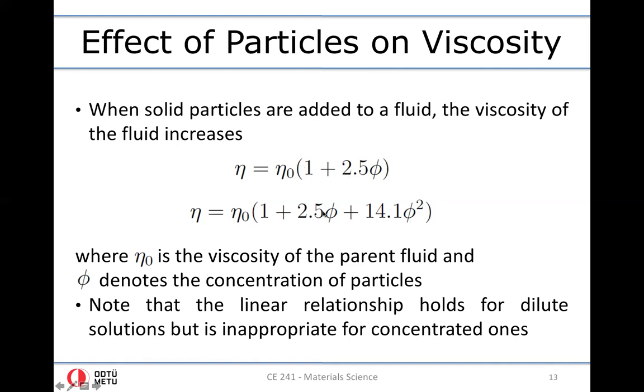Okay, there is also a quadratic version of this equation. And one has to note that this linear relationship holds only for dilute solutions, and it would be inappropriate to use this equation for concentrated mixtures, for example, cement paste, fresh concrete.